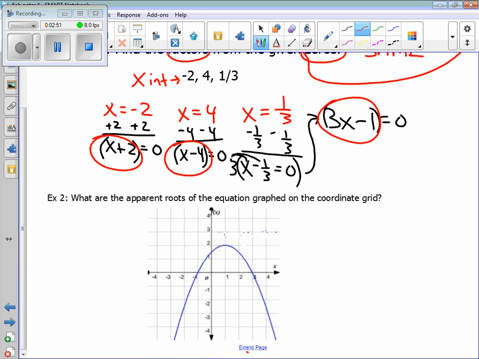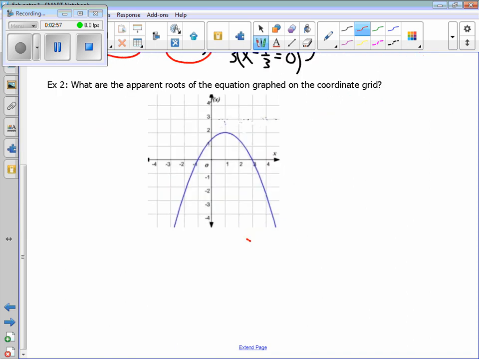For example 2, what is the apparent roots of the equation graphed on the coordinate plane? Roots are x-intercepts. Our x-intercepts at negative 1 and 3. From this, I may ask, find the factors.